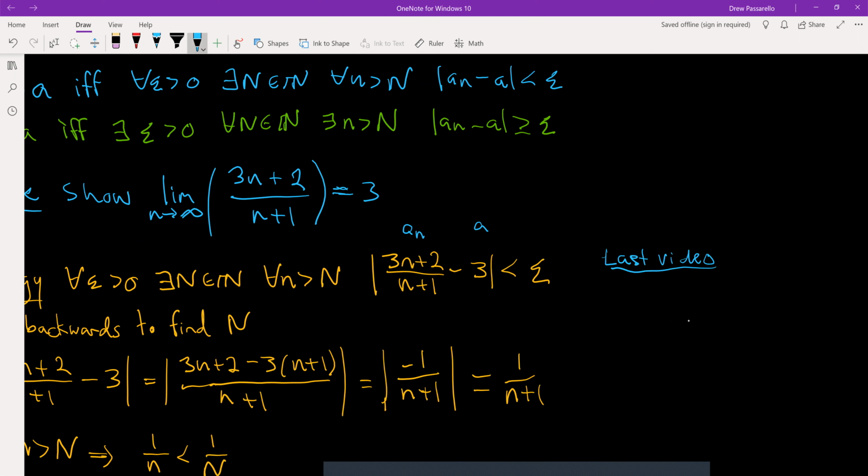Basically you give me epsilon, and then I'll find the corresponding n that depends on epsilon as far as the index value, which guarantees that you're going to be within an epsilon distance of the limit.